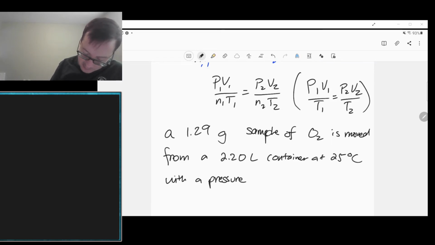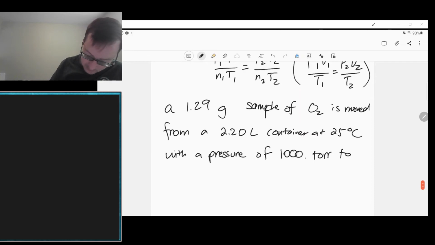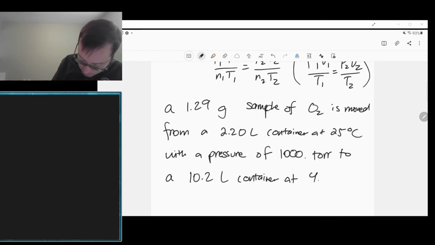A 1.29 gram sample of oxygen is moved from a 2.20 liter container at 25 degrees Celsius with a pressure of 1,000 torr to a 10.2 liter container at 4 degrees Celsius. What is the new pressure?